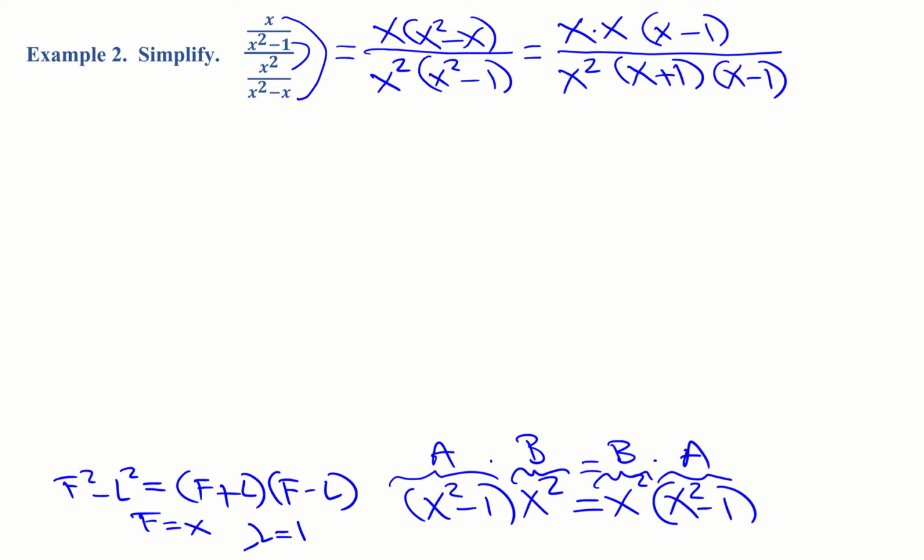And now we cross cancel as much as we can. First, we notice that x times x is x squared. So we have x squared on the top and x squared down here, which will of course cancel out, leaving us 1 in all locations. And now we really should just leave 1 on the top, because it's the entire x squared that's going to cancel this x squared.